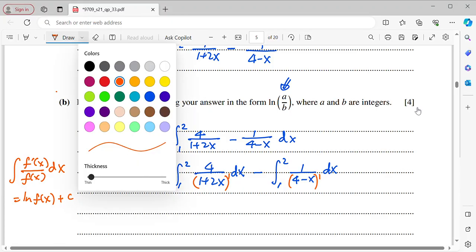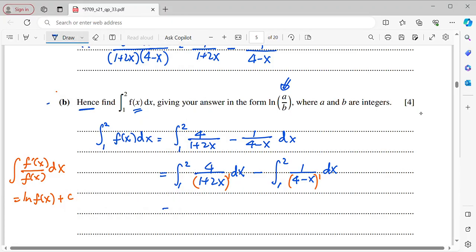So which means now I will rewrite this f prime x over f(x) first in my integration. So I will write 1 plus 2x in my denominator. Therefore, my numerator is going to be 2, because differentiate 2x is 2.